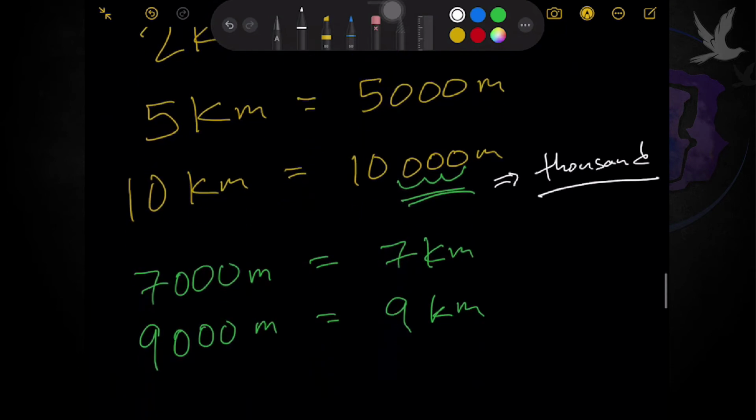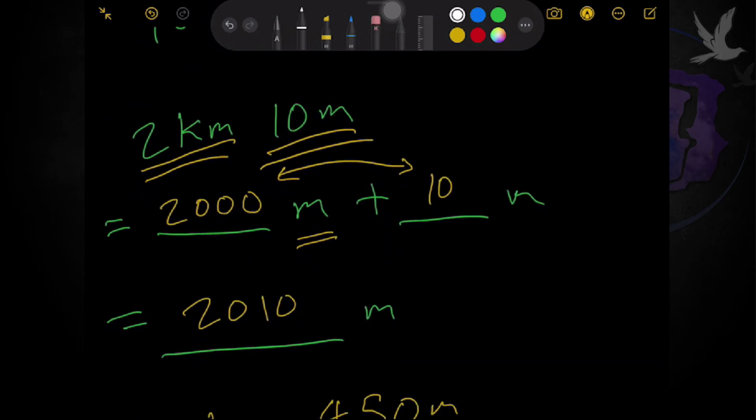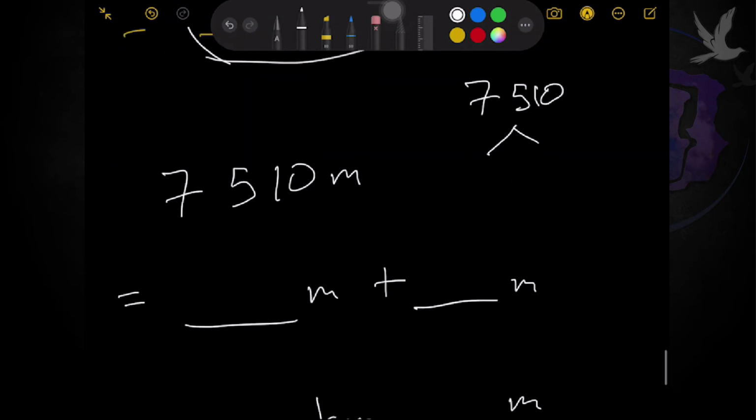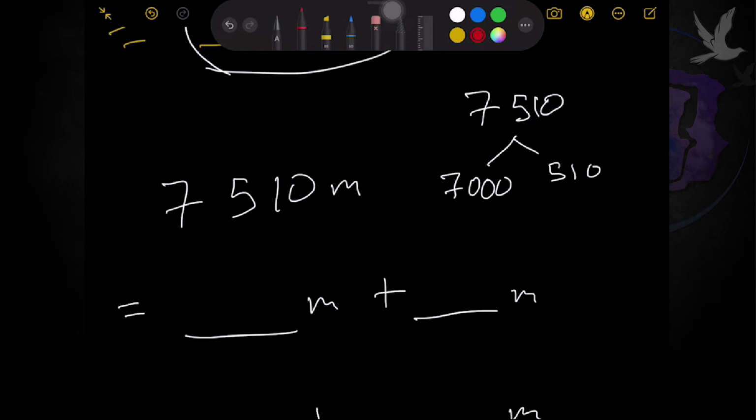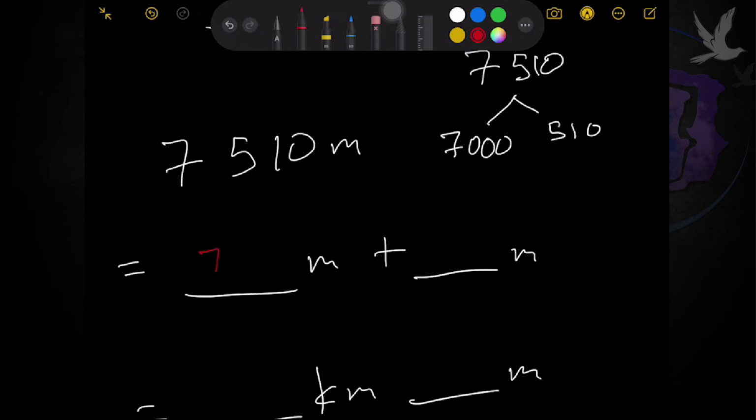Now we are talking about 1,000. So what you do here is take the 1,000 away. If you read the number 7,510, we take the 7,000 and what's left is just 510. So put the 7,000 here and 510 here.